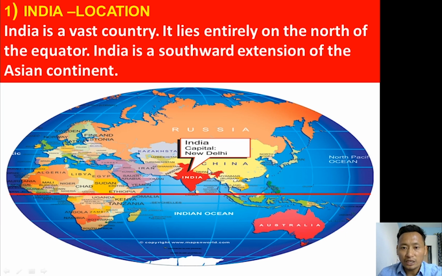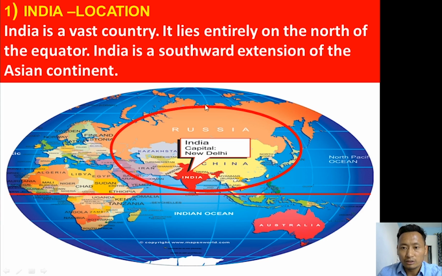That means India lies at the north of equator, at the northern hemisphere. And in terms of the Asian continent, India is the southward extension of the Asian continent.